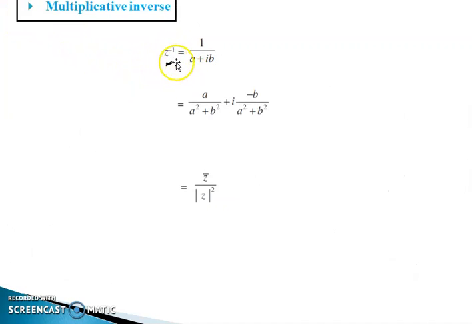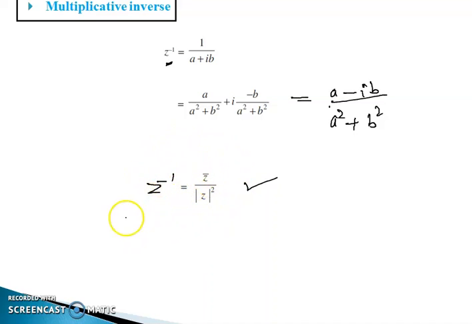Here is the output: z inverse is equal to 1 upon a plus iota b, which we have proved is a minus iota b upon a square plus b square, which is z conjugate upon z modulus square. So this is z inverse.